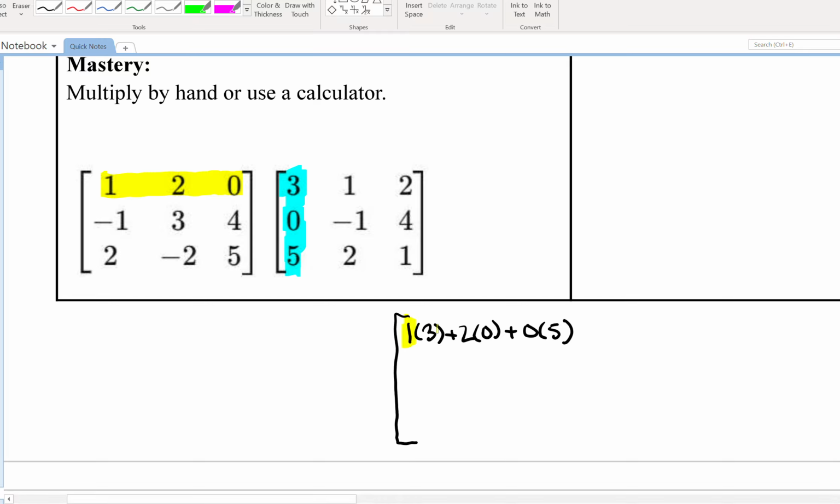This is the 1, 2, 0 from the first row, and this is the 3, 0, 5 from the first column. So that's how that multiplication goes.